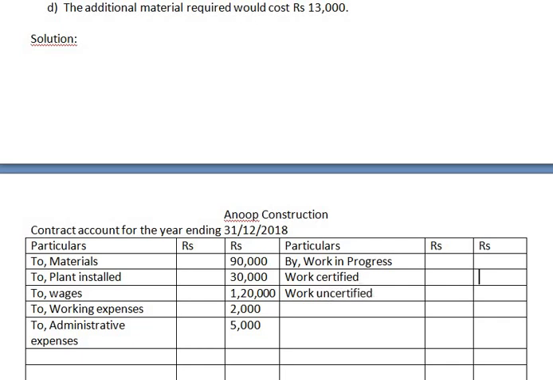The work certified amount is given. Take it in the inner column, and the amount is 3,60,000.